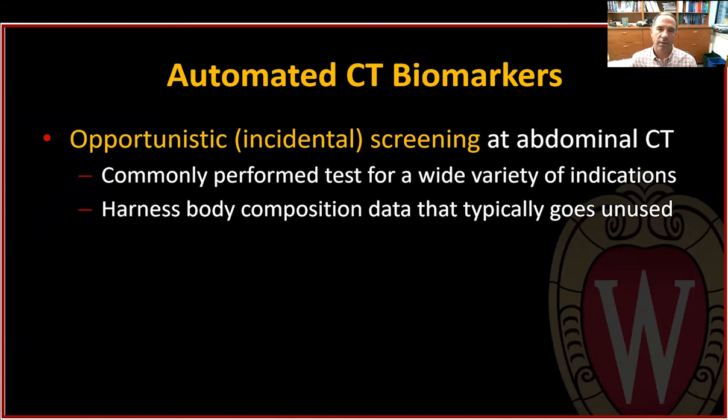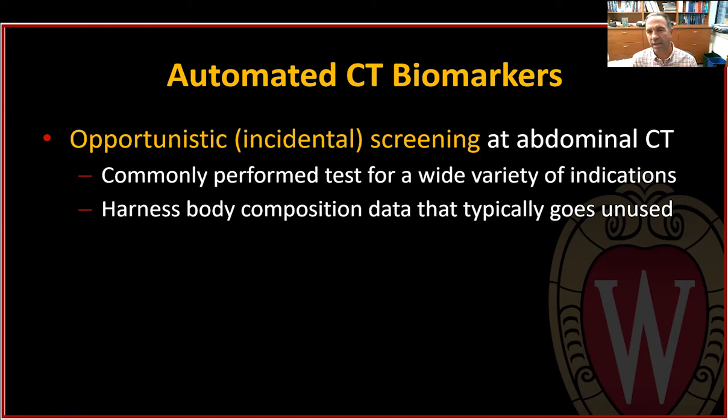Rather than look at it as a negative, with incidentalomas driving additional tests and costs, I like to think of the glass as half full and try to harness some of this body composition data for benefits. So, opportunistic in a positive sense, if you will.